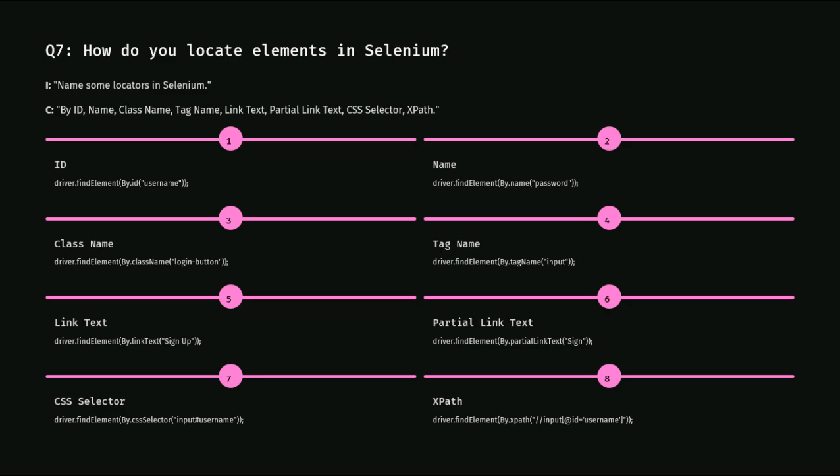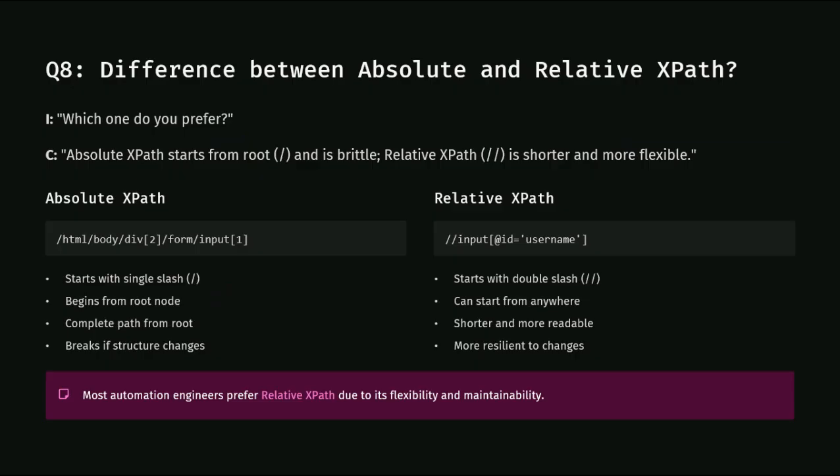These are the different locators in Selenium, and you can see different examples with every type. Now, question number 8. Difference between absolute and relative path, or which one do you prefer, absolute or relative?